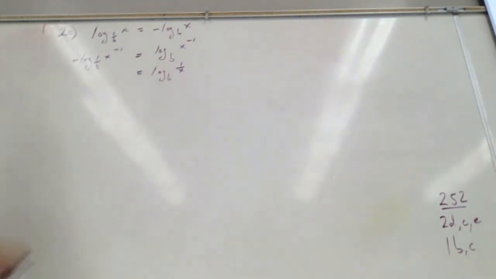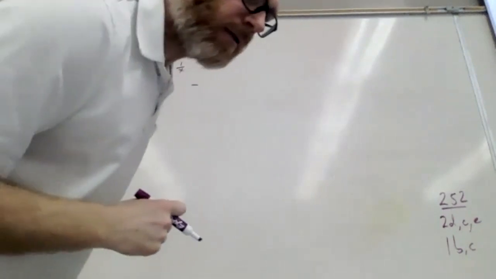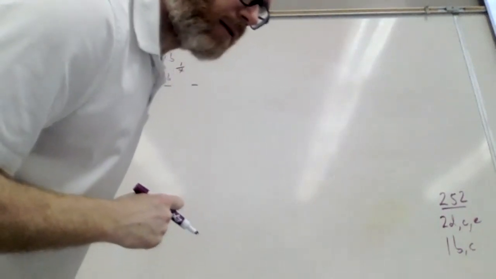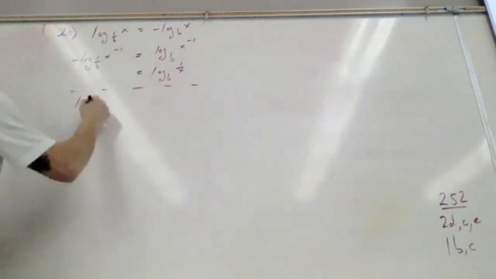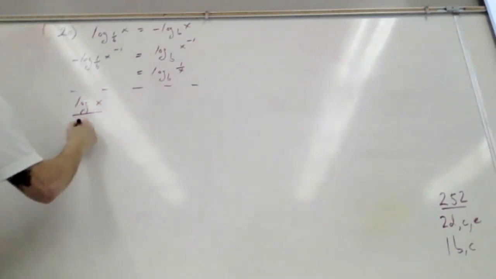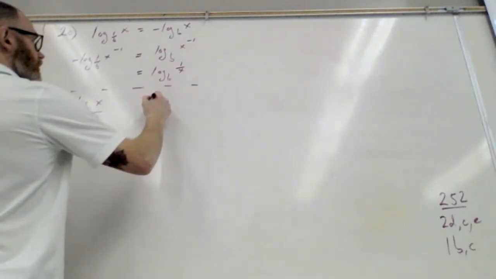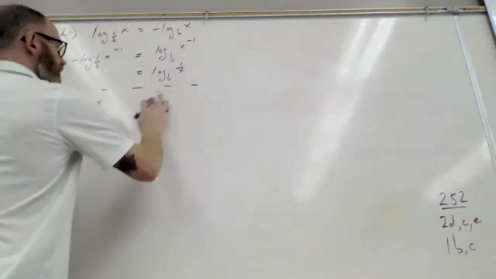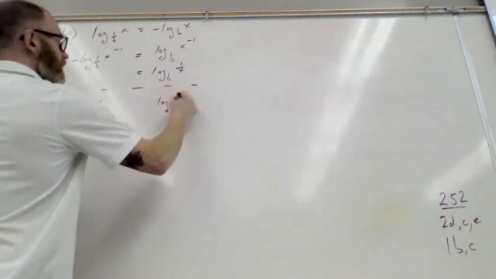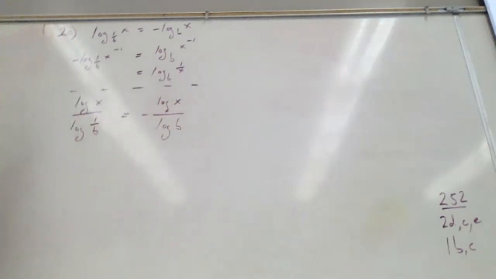Okay, let me, going off of rule 5, the left would be log x over log 1/b, and then the right would be, well, the negative could be the whole thing, log of x over log of b, but there's a negative.